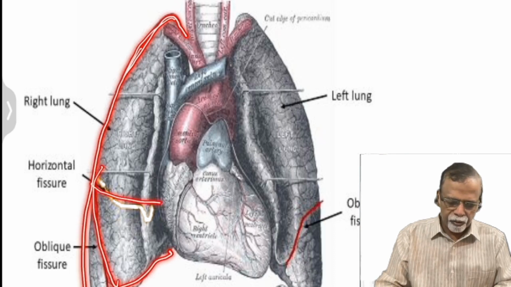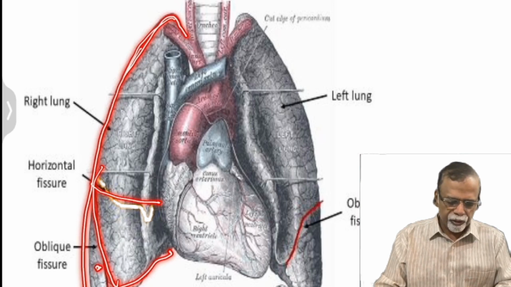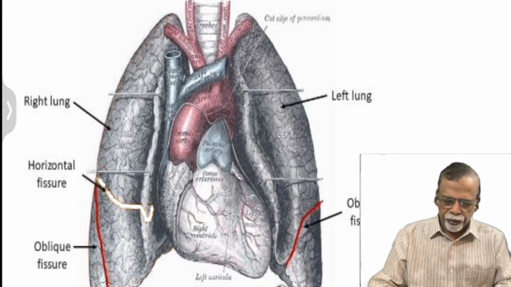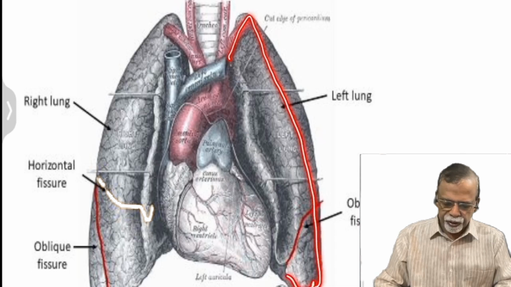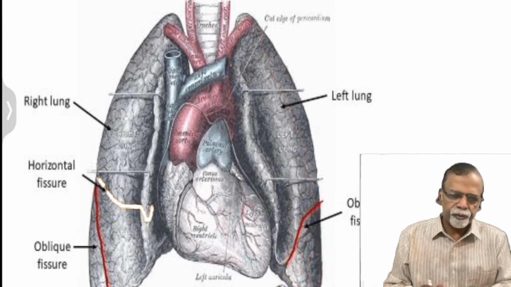Here comes the middle lobe. Only a small portion is visible or examinable in the front. On the left side again you can see the majority of the part is by the upper lobe, and only a small portion is the lower lobe. Here comes the oblique fissure.